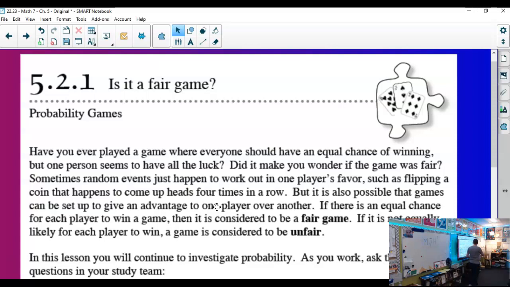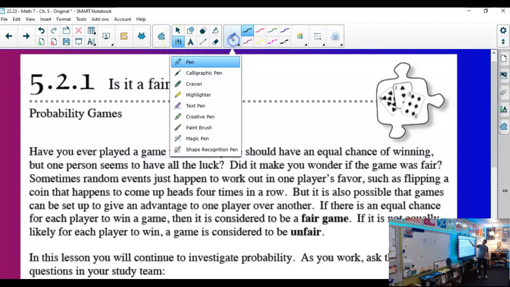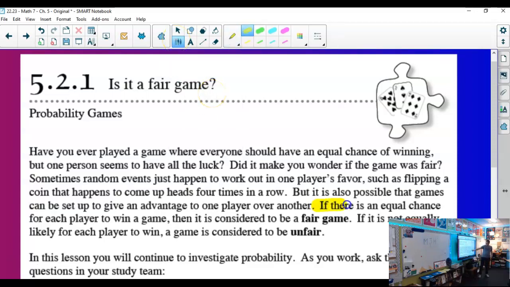Pause, rewind, say that again. If there is an equal chance each player can win, that's considered fair. Yeah, keep going for the final sentence. If it is not equally likely for a player to win a game, then it is considered unfair.